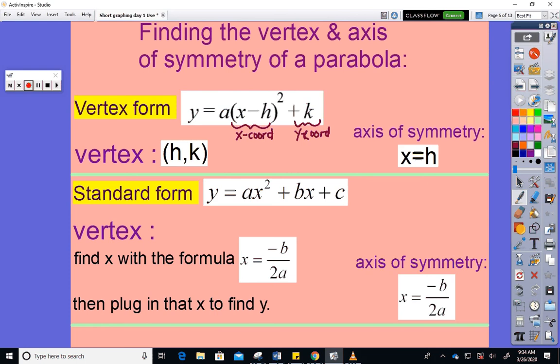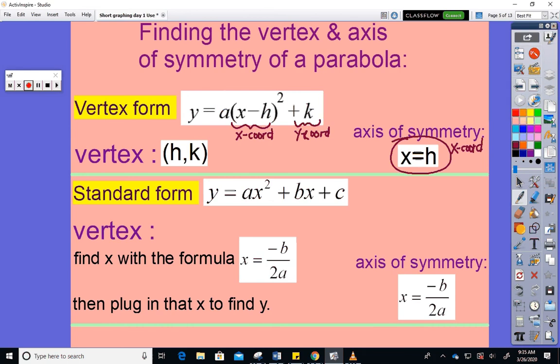I'll show you in a minute, all right? And then the y coordinate of the vertex is what I call the caboose of the equation. And guys, the axis of symmetry is just the x coordinate of the vertex. You just put an x equals in front of it, and then you wind up getting a vertical line. That's the equation of a vertical line.